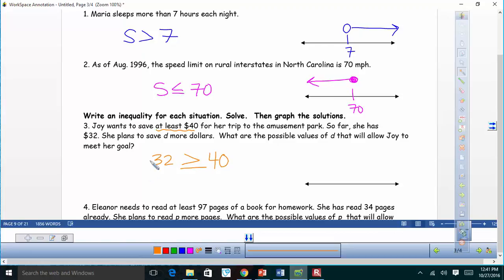Because if you have some money and you're going to get more, what are you going to do with both things of money? You put them together. You add them together. So it would be D plus 32 is greater than or equal to 40. So from here, to find the possible values of D, we're just going to get D by itself. So I would need to move this 32 to the other side by what?